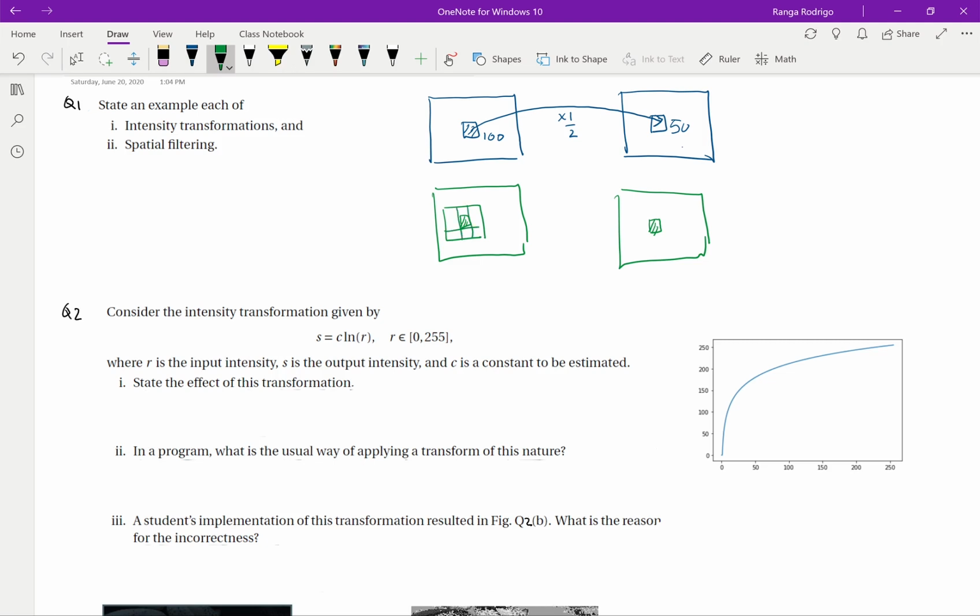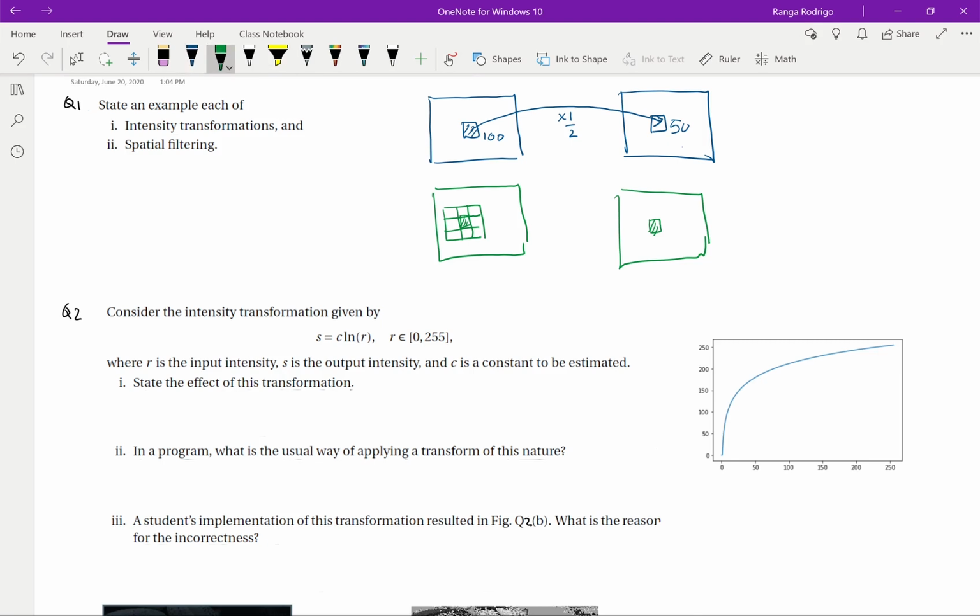Maybe 9 pixels considering a 3 by 3 neighborhood. So therefore, in this context, the resultant value depends on all these 9 pixels.